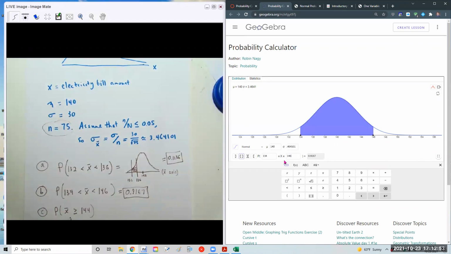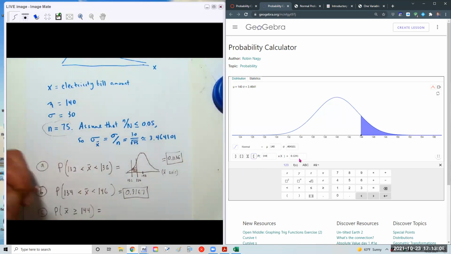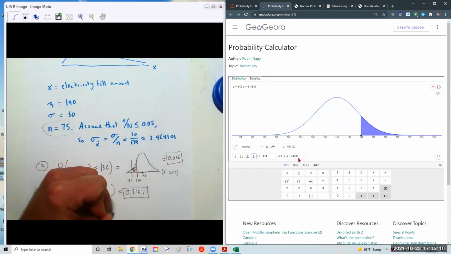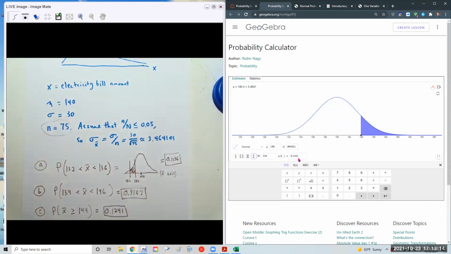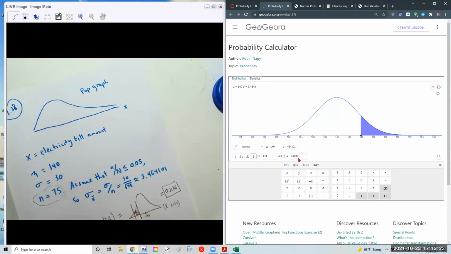And then for the greater than or equal to, I'm going to click on the right-sided and then just change this number to 144. And it gives me this area to the right, which is what I want, and that's about 12%. So that's how you find probability for a sampling distribution of X bar.